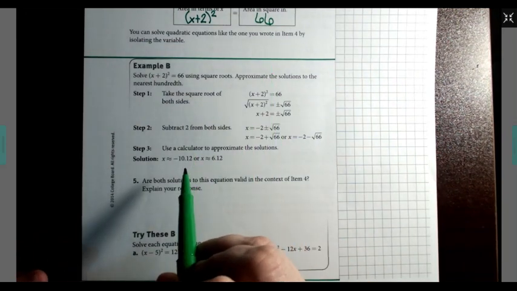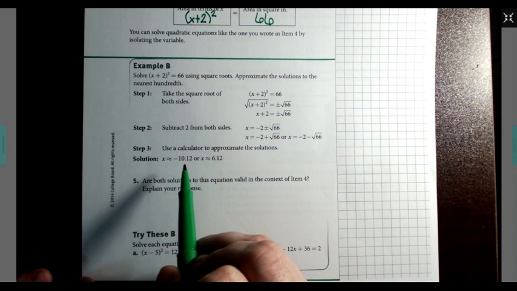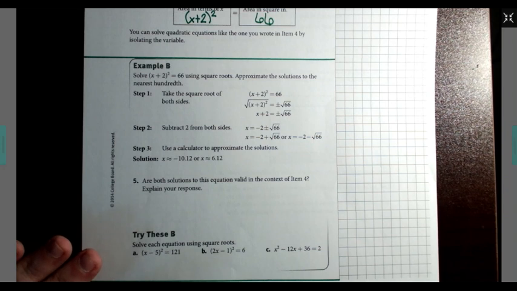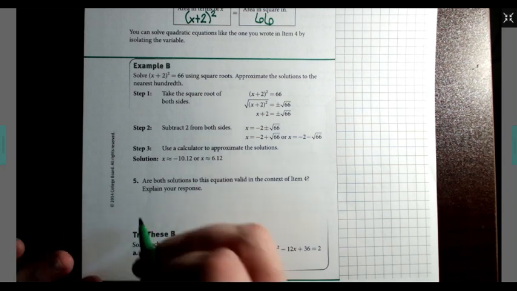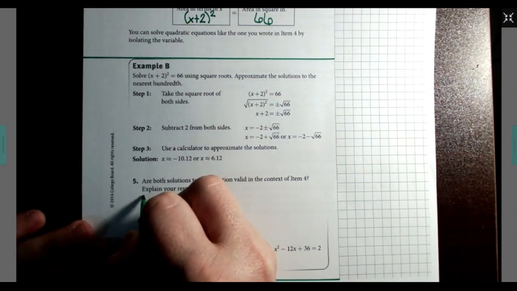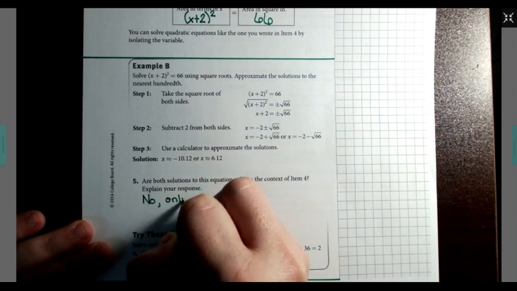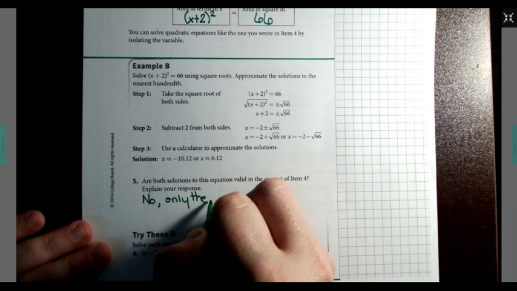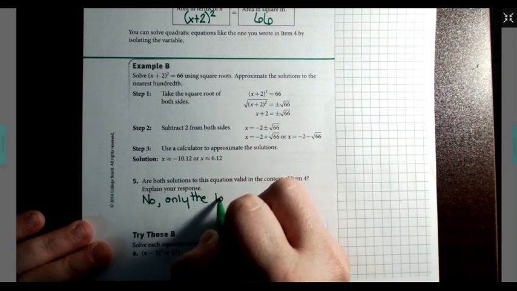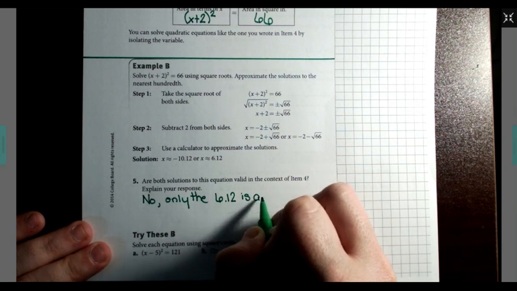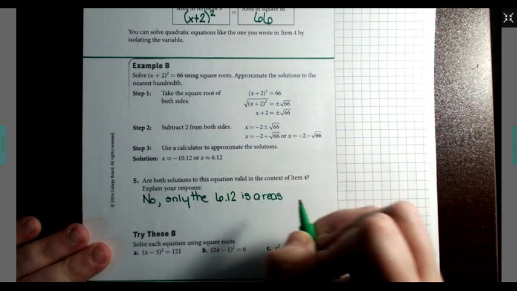So the two answers they came up with was negative 10.12 and 6.12. Both of these numbers are not acceptable. No, only the positive answer, the 6.12, is a reasonable answer.